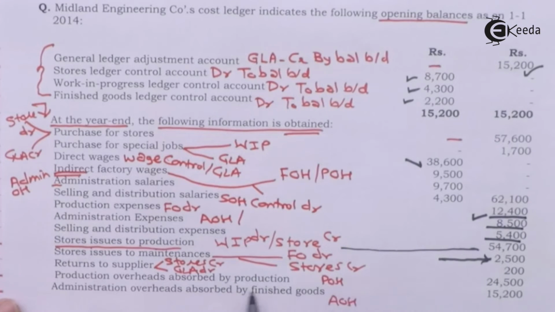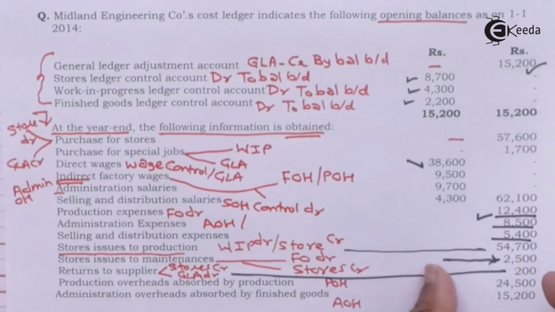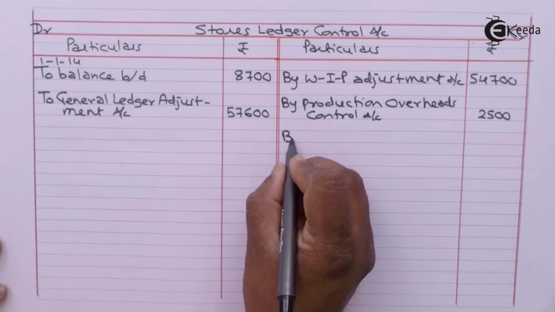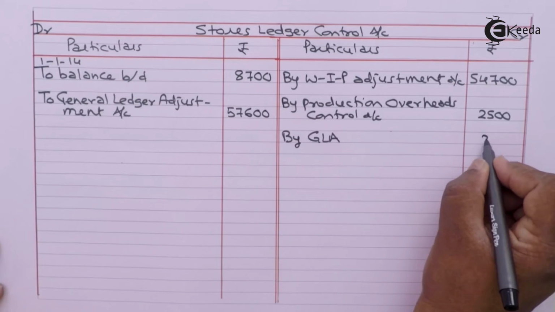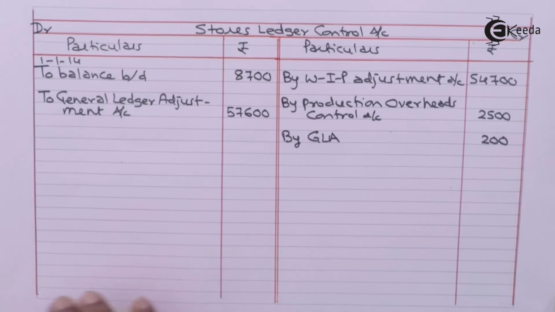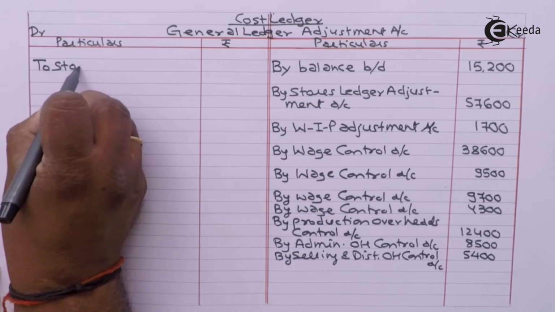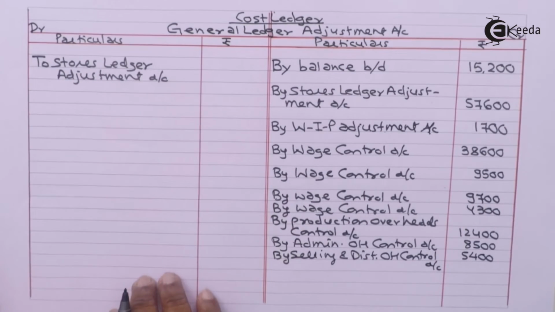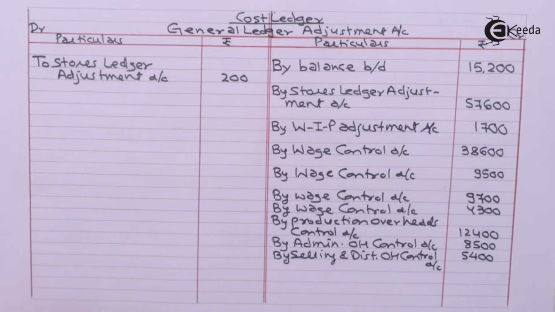Return to suppliers, goods of 200. In stores ledger, it will be recorded on credit side by GLA 200. In GLA, it will be recorded on debit side to stores ledger adjustment account 200.